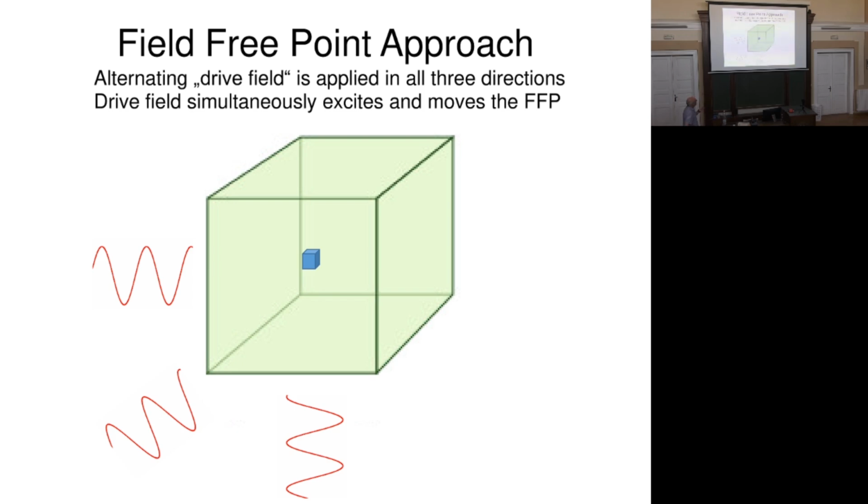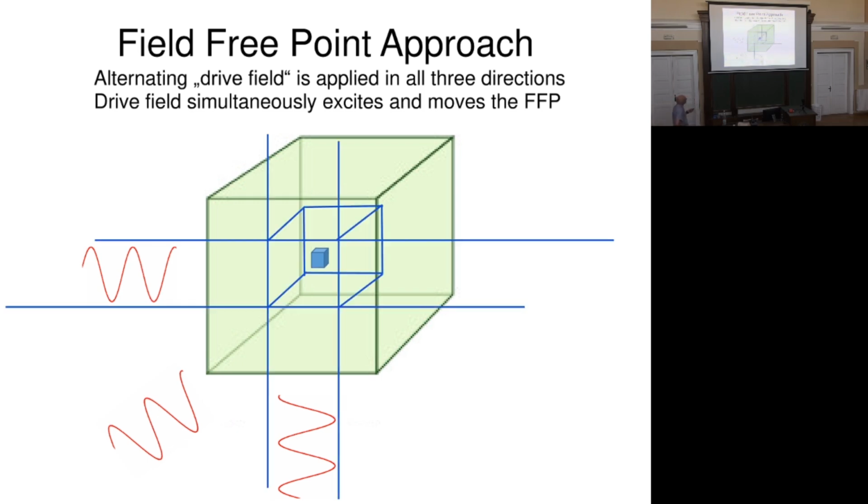It moves the field-free point in the given volume, and the size is given by the amplitude of the drive field, which defines how big the movement of the field-free point in space will be. So if we use a smaller amplitude, we actually excite a smaller volume and we receive signal from a smaller part.